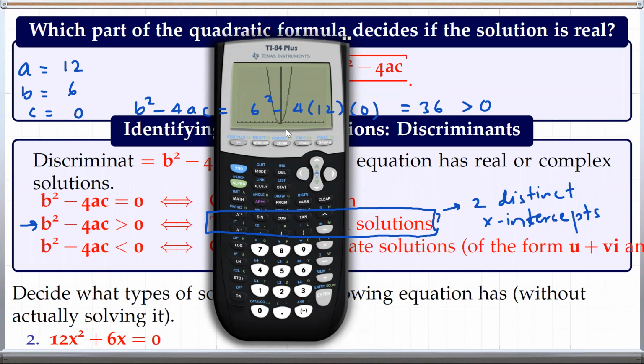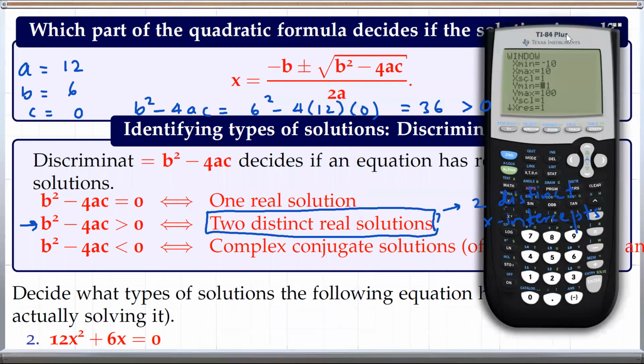We probably need to adjust the window since we are going to have some x-intercepts in this case. We will try to have our graph around the x-axis. So x min, x max, they are fine. Let's put y min to be -5 or -10, and y max to be 10. Hit enter and go to graph.